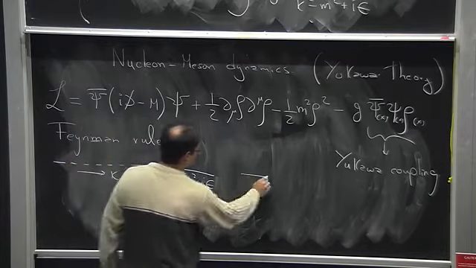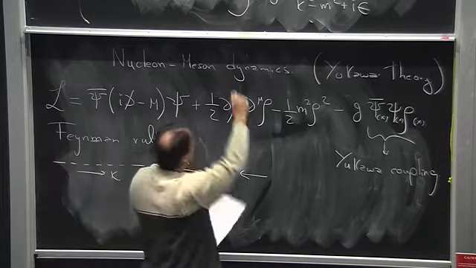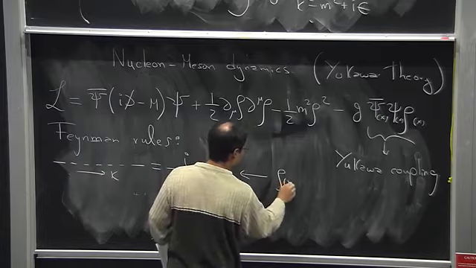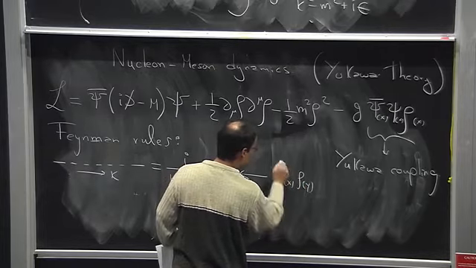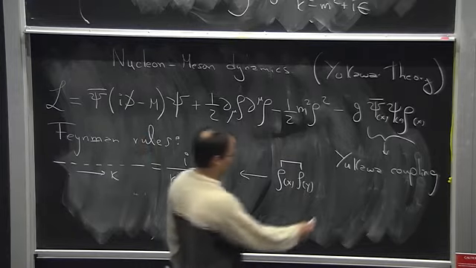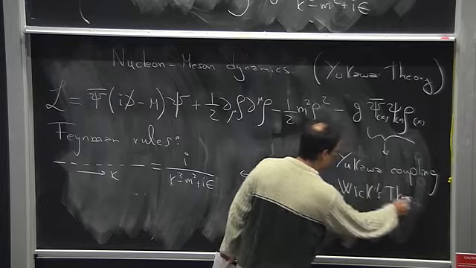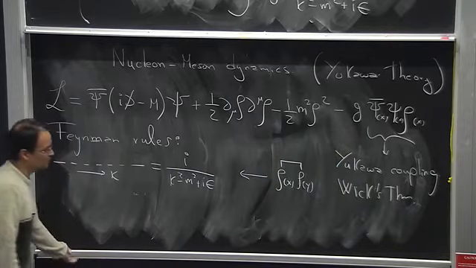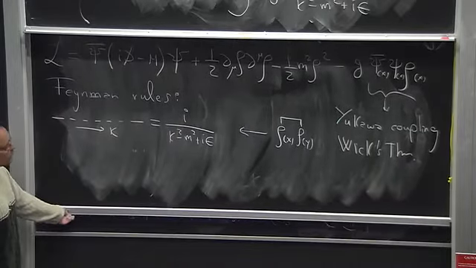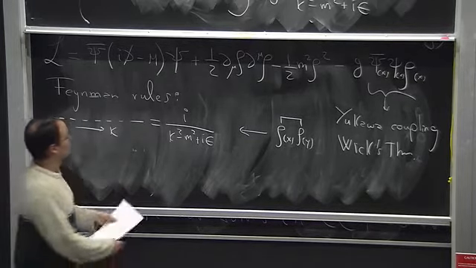Just to remind you, these things come from the contractions in the correlation functions. When we use Wick's theorem to evaluate the correlation functions in coordinate space, then we went to momentum space, and then we used the LSZ formalism to get Feynman rules for the scattering amplitudes.